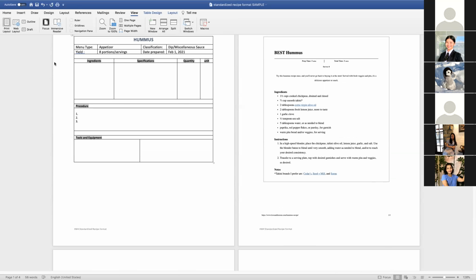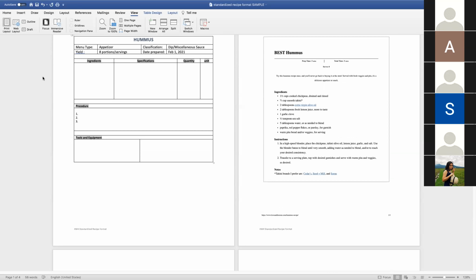Can someone answer? Owen, what do you think is the reason why we have to use the metric system? Dahil mas maliit ho, para mas madali ho siyang i-measure compare ho sa ibang units ho.